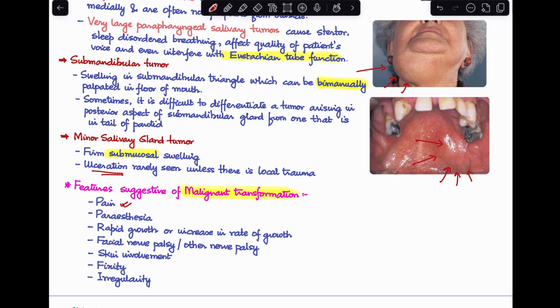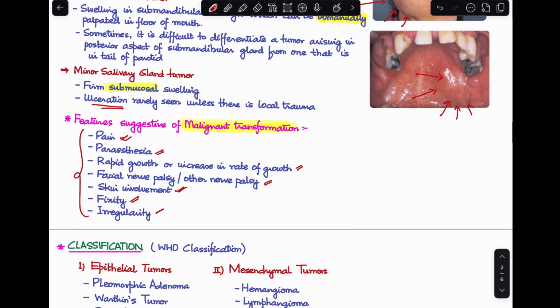Other red flag signs would be paresthesia, rapid growth or any increase in rate of growth, facial nerve palsy or any other nerve palsy depending on the salivary gland involved. If there is skin involvement, that is also indicative of malignant transformation. The tumor can be fixed, or you may find irregularity. These are all red flag signs which are suggestive of malignant transformation. So that's about the clinical features.